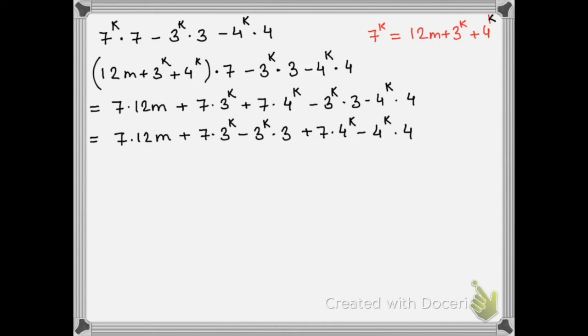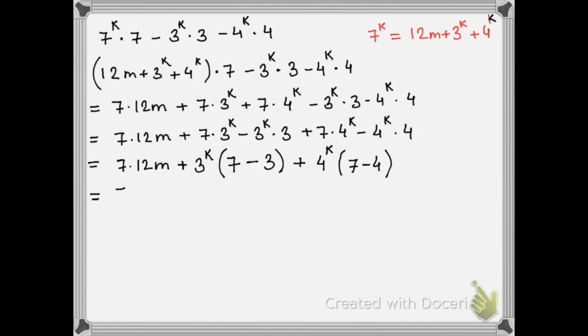So I can take 3 to the power of k as a common factor. So 7 times 12m plus 3 to the power of k multiplied by 7 minus 3. I can take similarly 4 to the power of k as a common factor, 4 to the power of k multiplied by 7 minus 4. And solving that gives me 7 times 12m plus 3 to the power of k times 4 plus 4 to the power of k times 3.